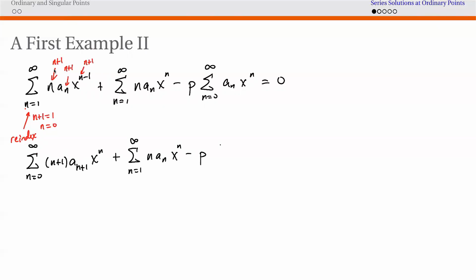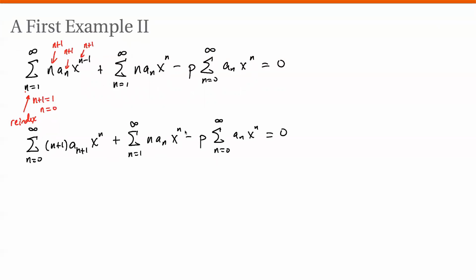Now, here's another place where things can get tricky. I now have all of the powers the same. However, I do not have all of the starting points for the sum the same. This sum starts at 1, the other two start at 0. To make up for that, I have to start every sum at 1.